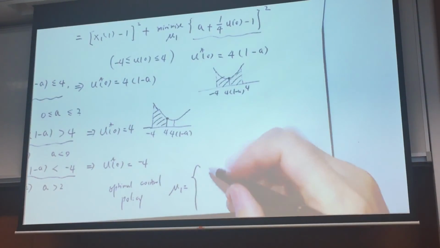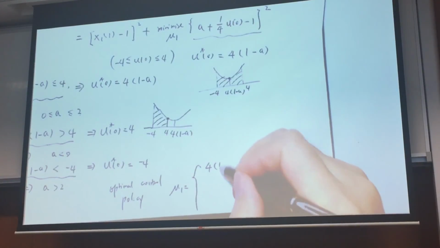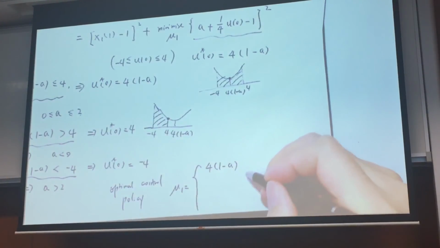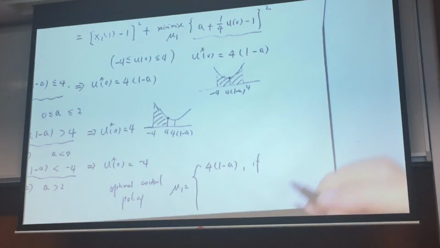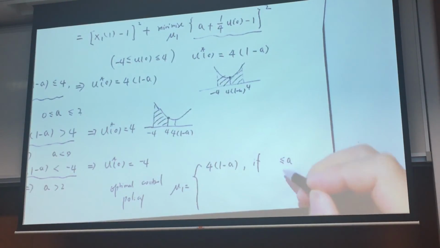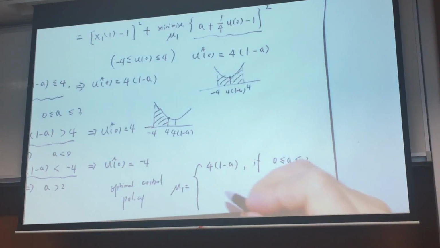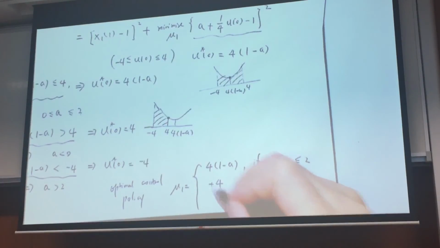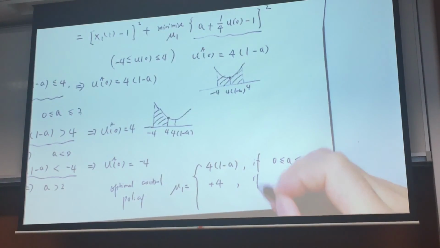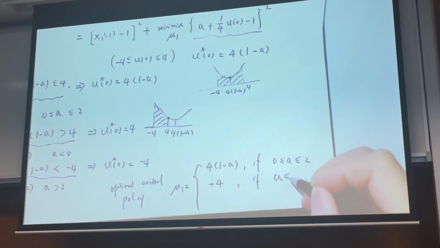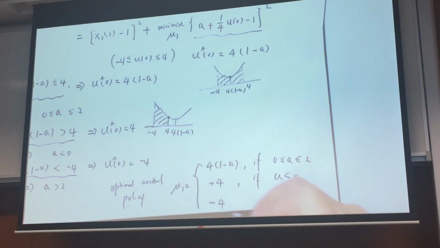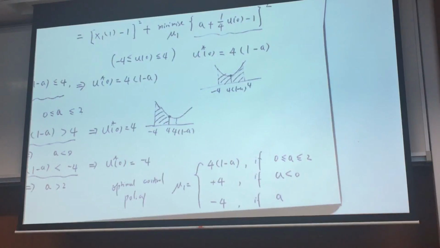These are the three scenarios. The first one is given by 4(1 minus A) if A is between 0 and 2, equal to plus 4 if A is smaller than 0, and minus 4 if A is greater than 2.